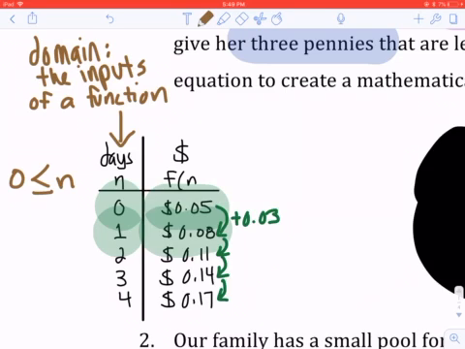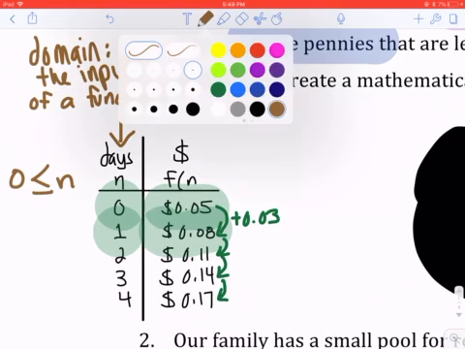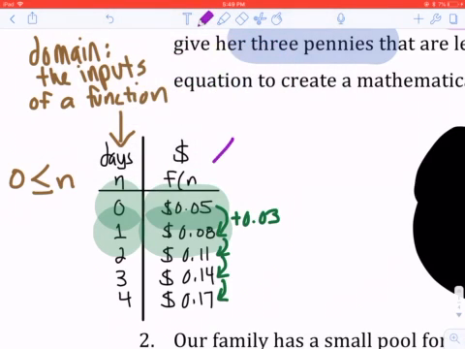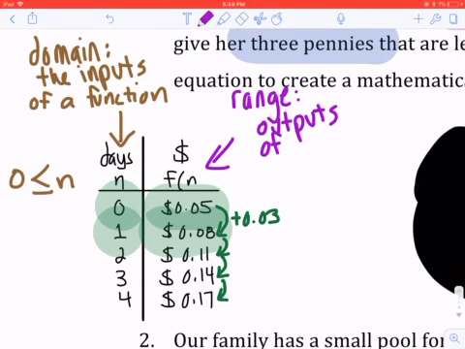Now the next term we're going to be learning is range. If domain is your input, then guess what? The range is going to be the outputs of a function. So, you may be asked at some point, what could the range be for a function?